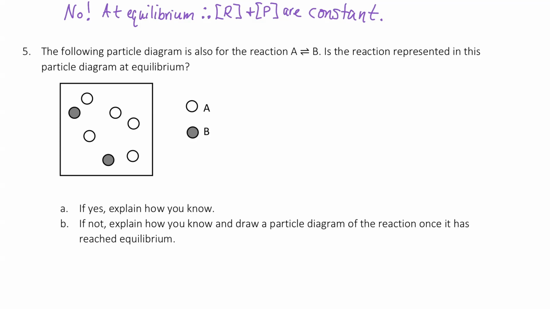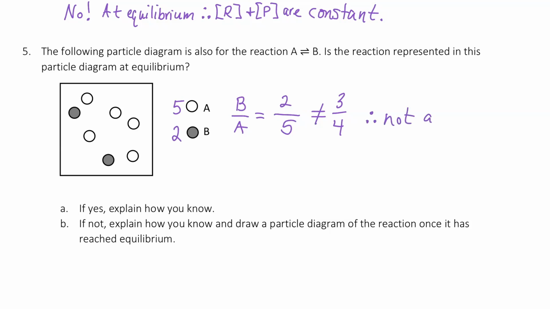Okay, so we're going to have to count them. So how many A's do we have? 1, 2, 3, 4, 5 A and 2 B. So remember, we want the ratio of B to A. So we're going to say 2 over 5, which does not equal 3 over 4.